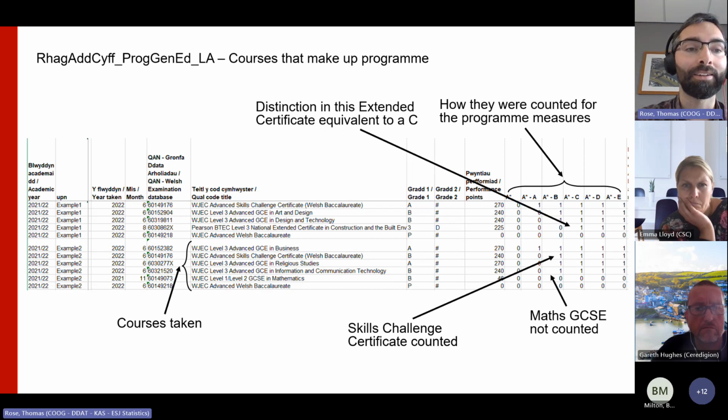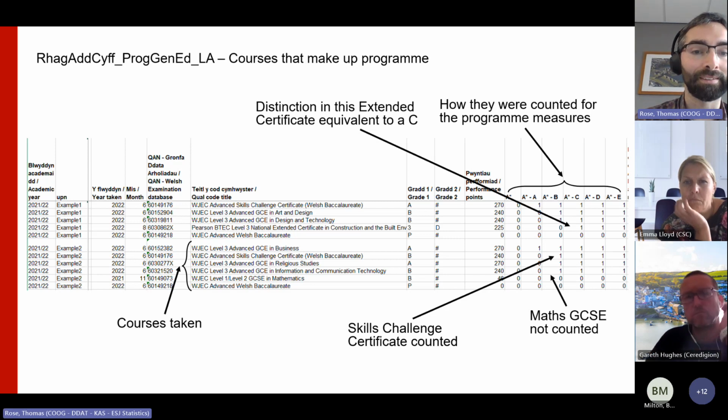And finally, the backing data allows you to dig in even deeper than that if you want, so you can actually look at the actual courses that the learner took and how we counted those. So this is all the courses taken by one particular learner, and this is how they're counted towards the measures.